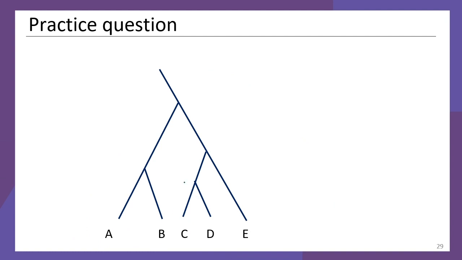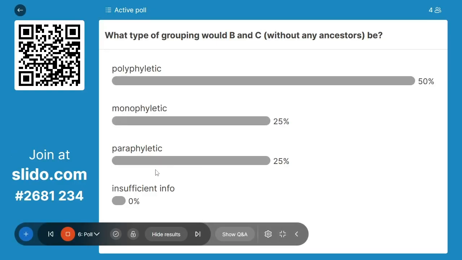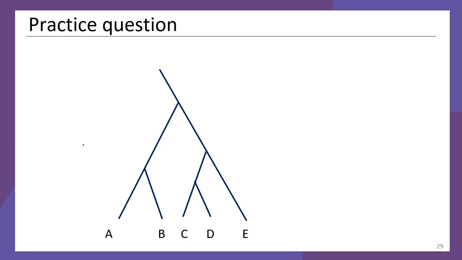If it was paraphyletic, it might be something like including everything there and all the ancestors, but not A. So to confirm again, the correct answer is polyphyletic. We're going to do another practice question on this.